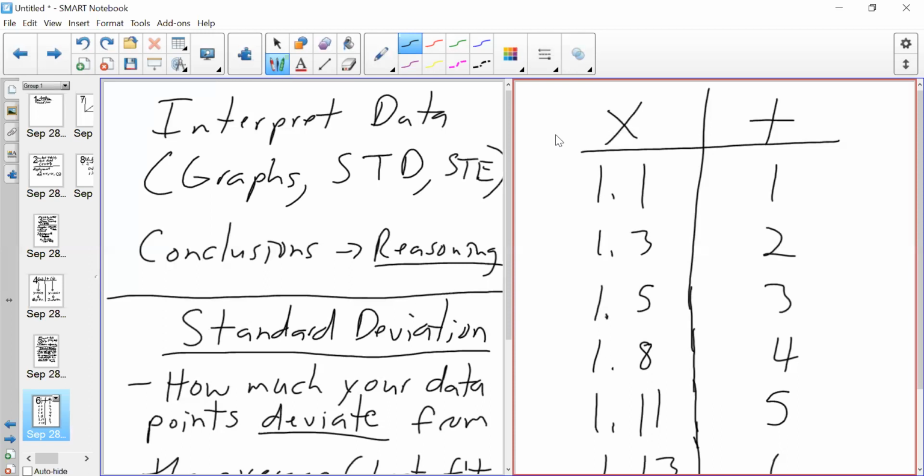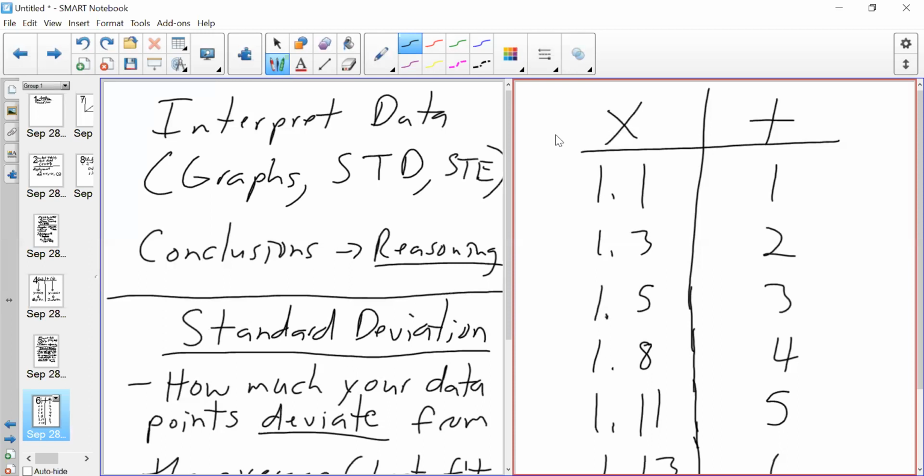I want you to report the velocity this way, in this form. The velocity itself is the best fit line, which is the average slope, right? Velocity plus or minus standard deviation. That's what we're going to do today.